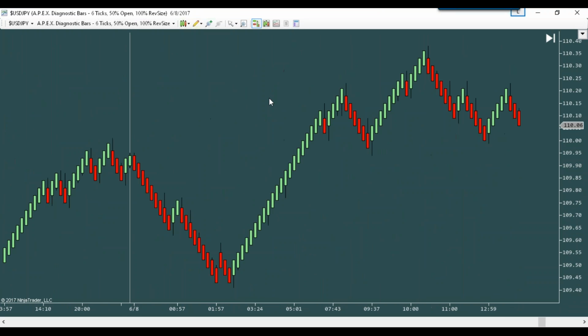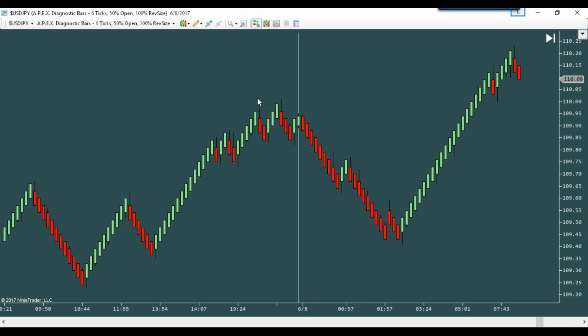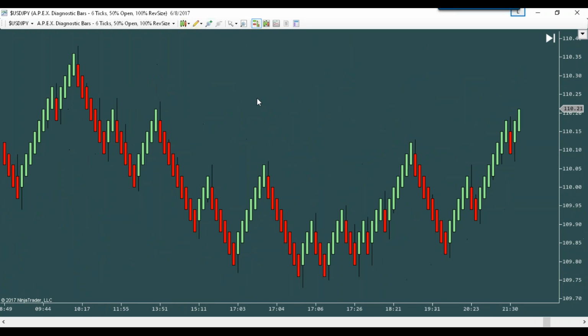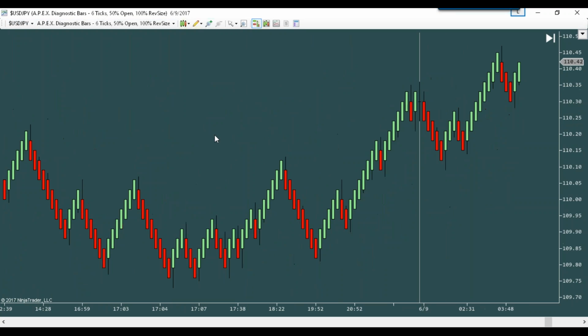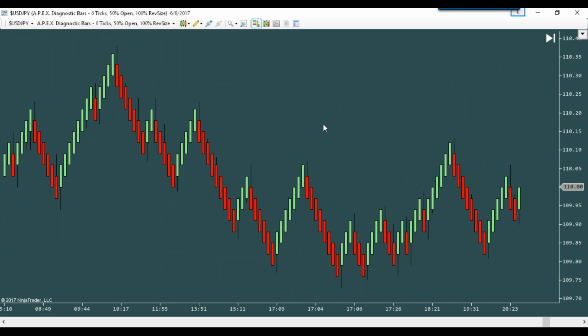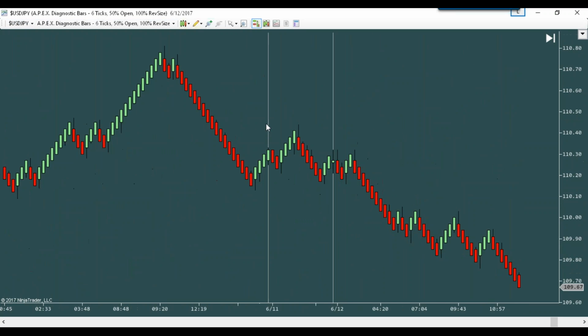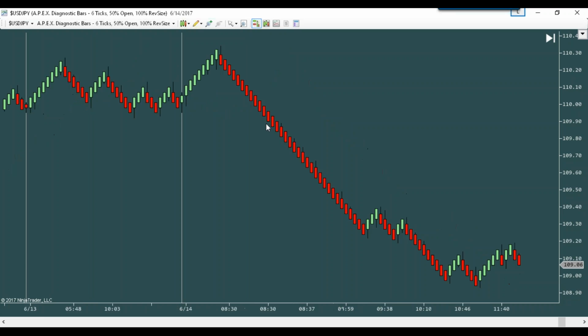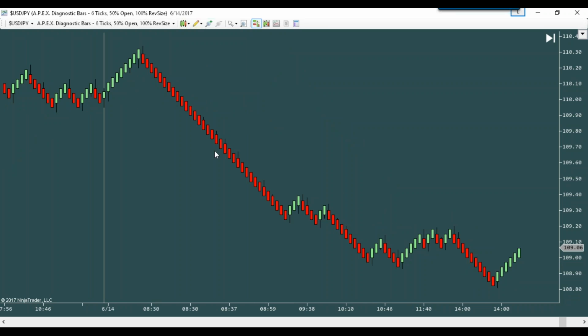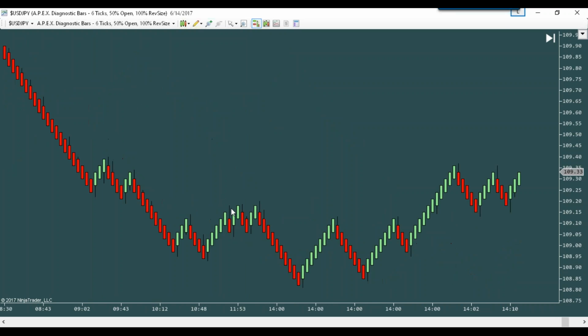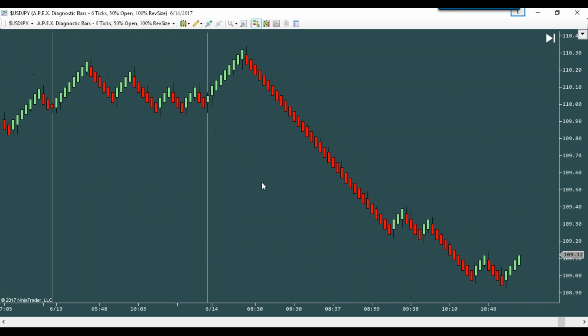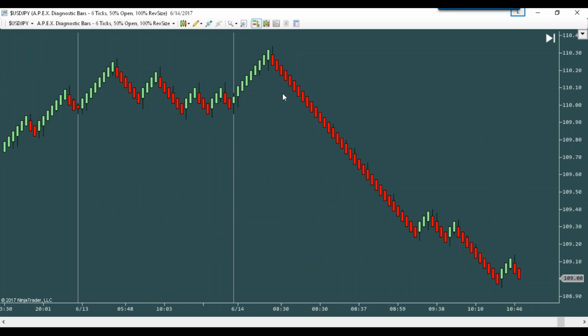Well, what do you think might have happened on this chart right here, random USD yen? You see some movement here. Whoa, what is this? Boom, right? What do you think possibly might have happened right here that moved this market?